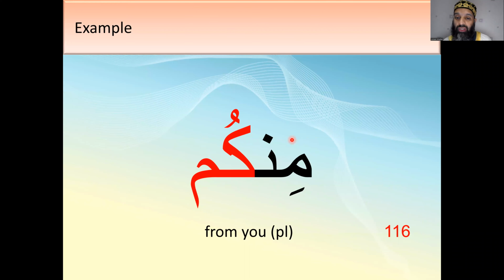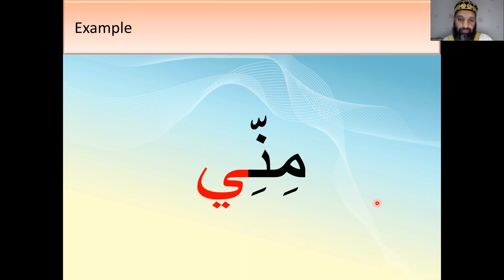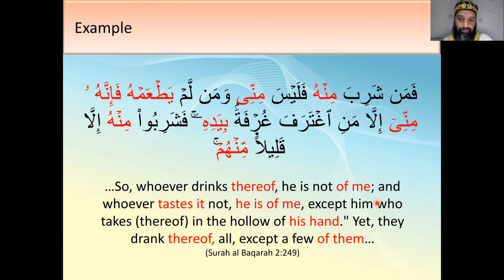Because you know the meaning of the singular word, and because you know what the ending means, you'll be able to translate words that you've never seen before. That's why, if you learn these templates, that's the main thing. Then I showed a random verse that I picked from the Quran, and it shows how many times these endings come just in this verse, and it's not even a full verse.